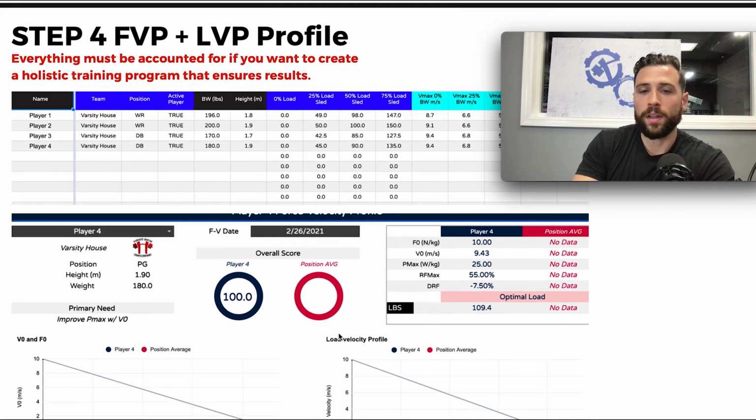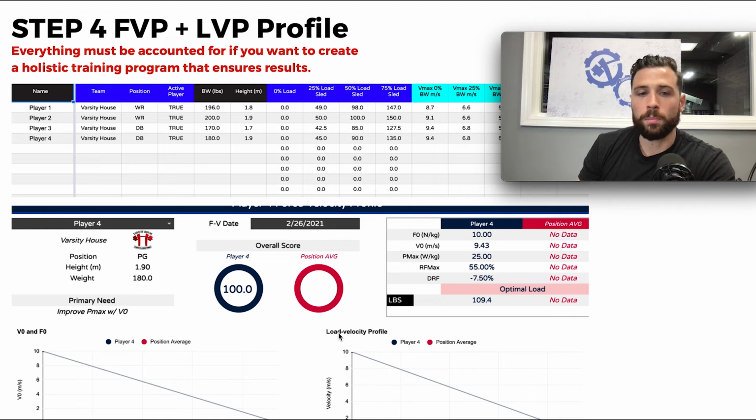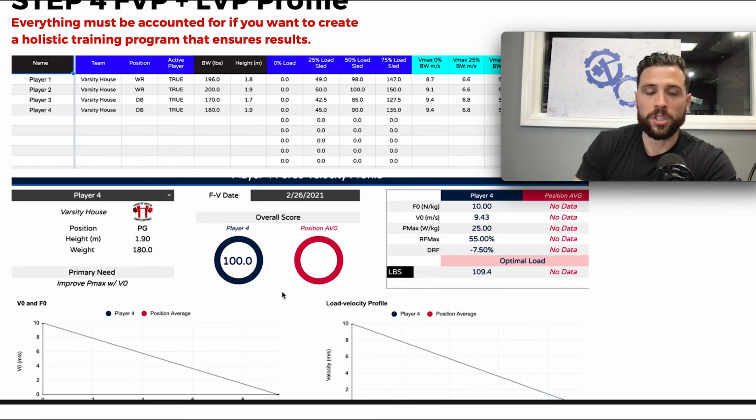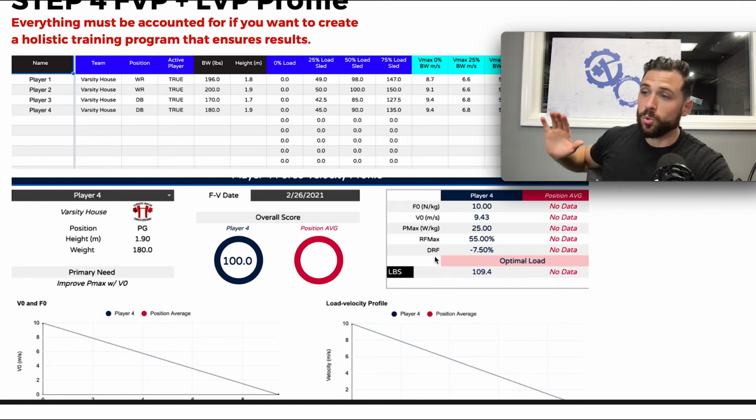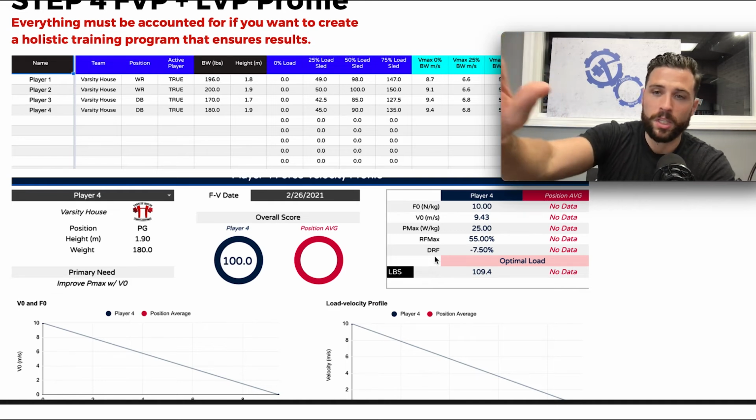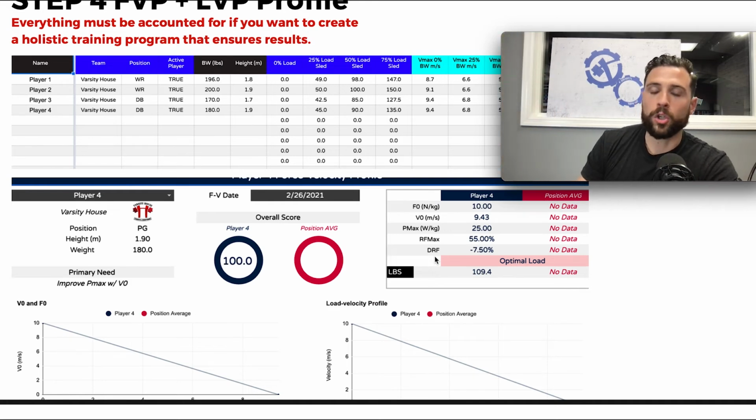Now, that profile that we create, we have comparative norms to other players. So here you'll be able to see, okay, we have an overall score, how do they rank per position, and on the 5 categories that we talked about, force output, maximal velocity, RF max, rate of force max, and decreased rate of force velocity, we can see where they struggle. An individual who has a high decreased rate of force probably needs more acceleration and more load for longer distances, because they need to be able to accelerate and maintain that acceleration capacity over a greater distance.